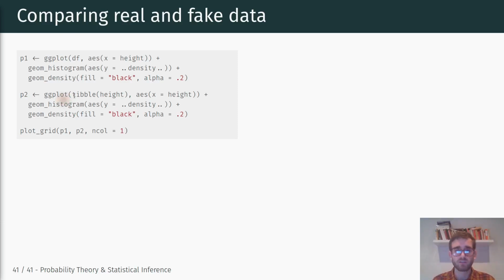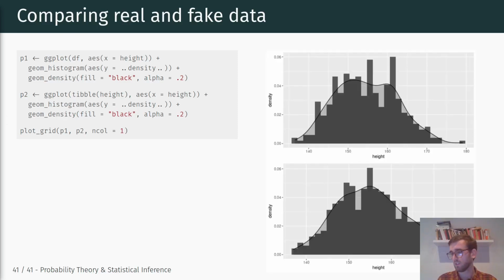And we can compare this to our simulated fake data set under the assumed data generating process that men and women both follow a normal distribution, that we have a certain probability of being a man or being a woman, and then an associated average height with a certain standard deviation. Then we can compare those two plots, as we will see right here.